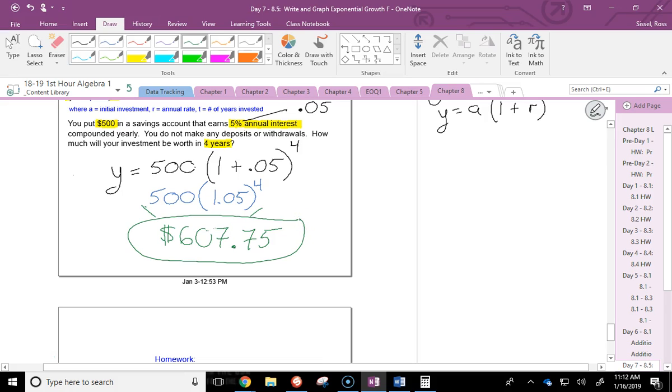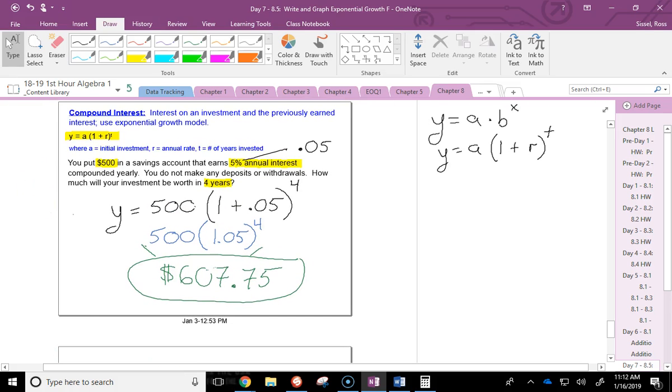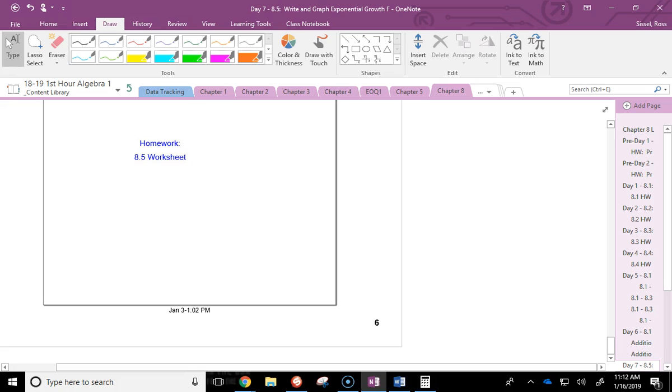So if I initially put in $500 into a bank where I was having a compounded interest at 5%, in 4 years, when I took that money out, instead of $500, I'd have $607.75.